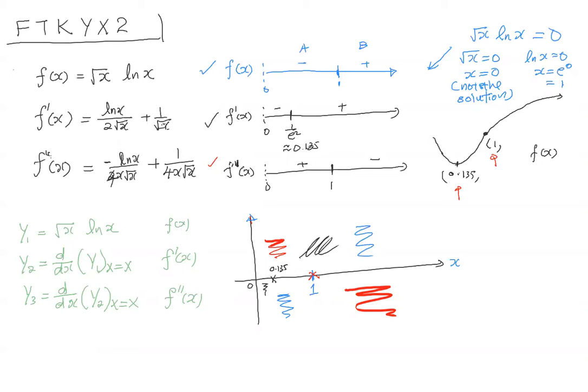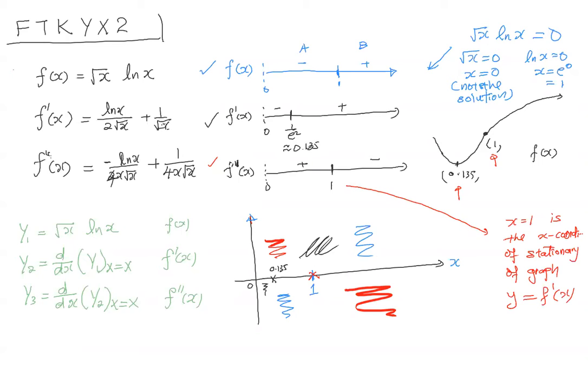And listen, x equal to 1 is the x coordinate of the stationary point of graph y equal to f'(x), correct?